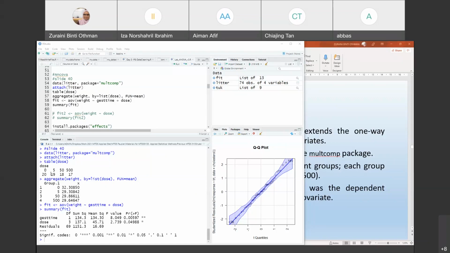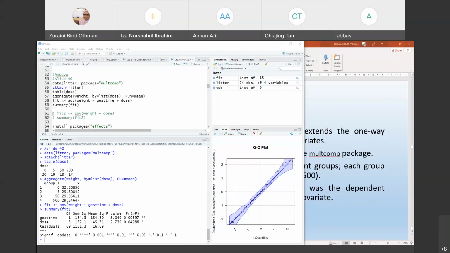For 0 dose, it is unbalanced, right? Unequal number of litters, with 20 litters at 0 dosage, no drug, and 17 litters for 500. Based on the group means provided by aggregate, using the mean function, the no drug group had the highest mean litter weight at 32.3.